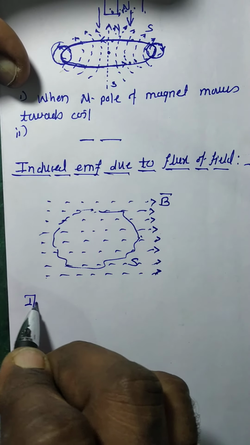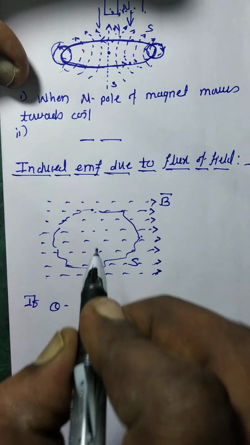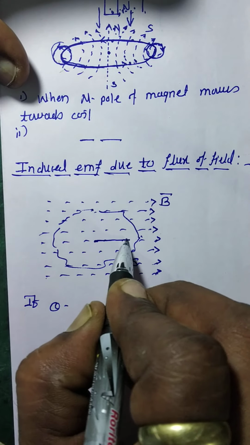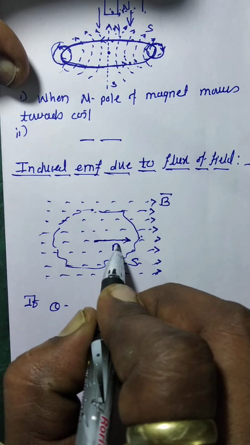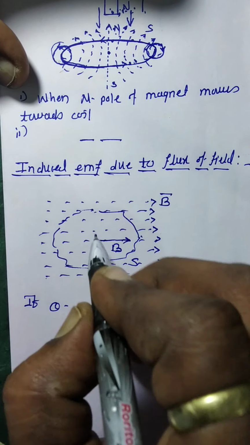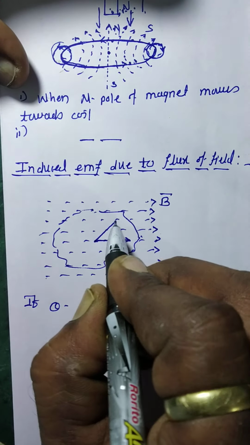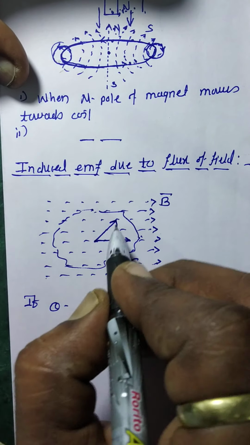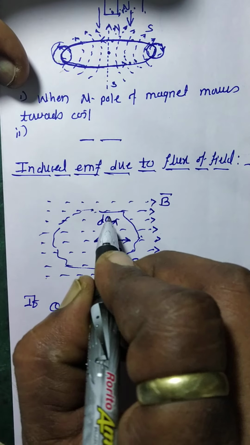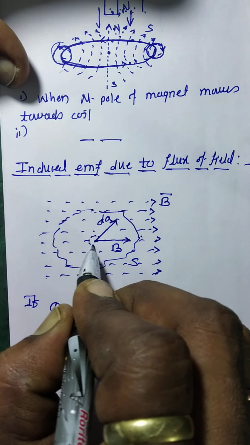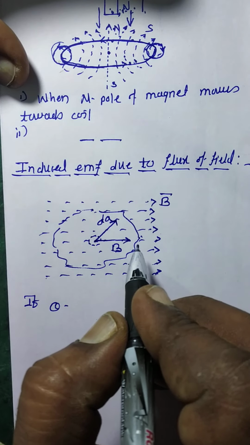Suppose theta is the angle between the direction of the magnetic field and the vector area dA. Suppose this one is the small area of that field.